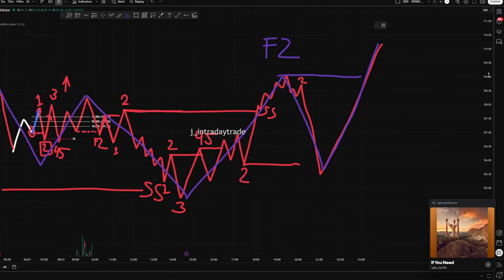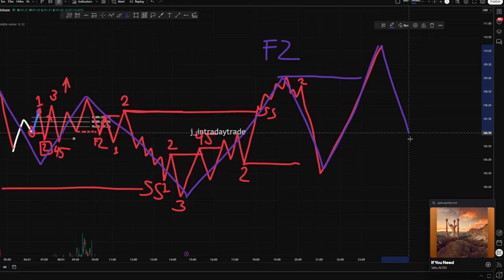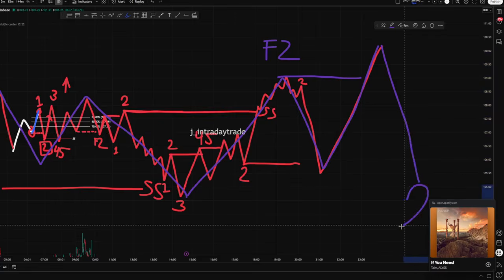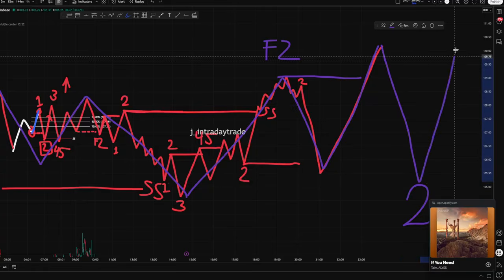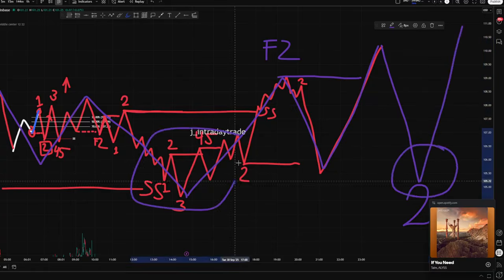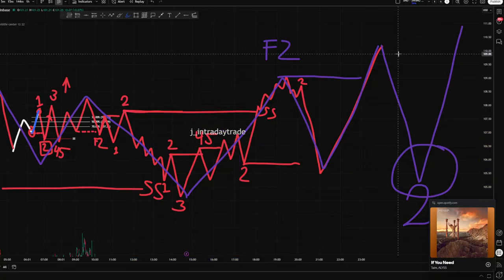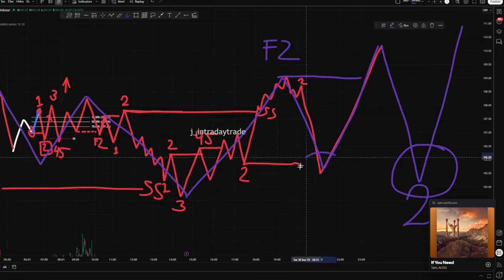So the next higher time frame move might just be the 2 that forms down here to run higher. And what you're going to have down here is just a sequence that tells you when we're going up, a sequence that tells you when we're going down, a sequence that tells you where we're going up.